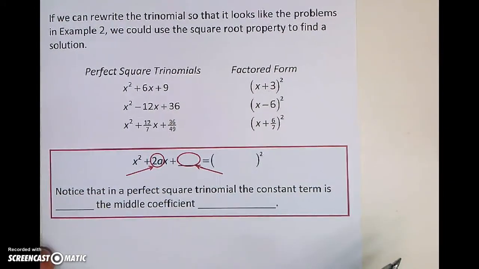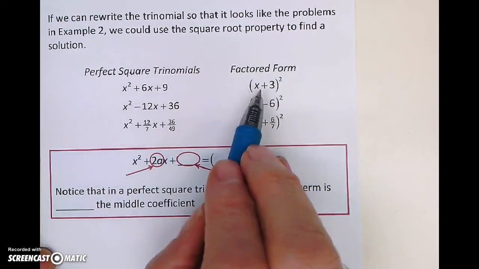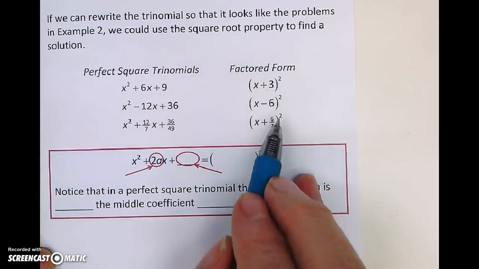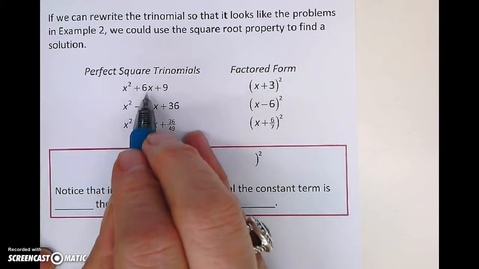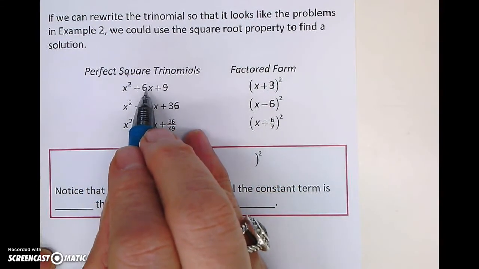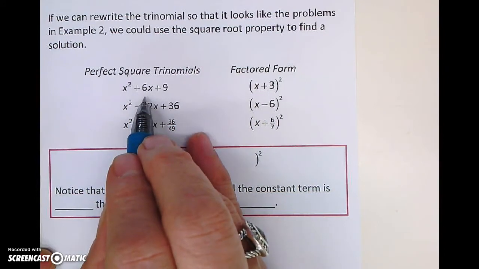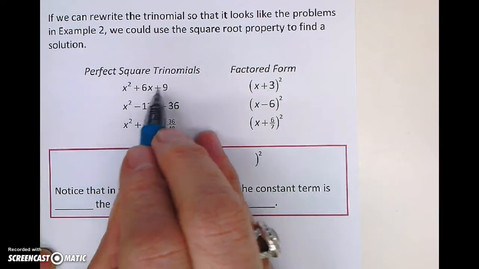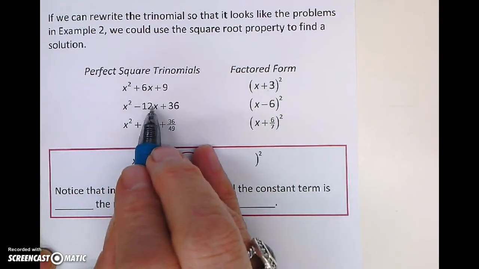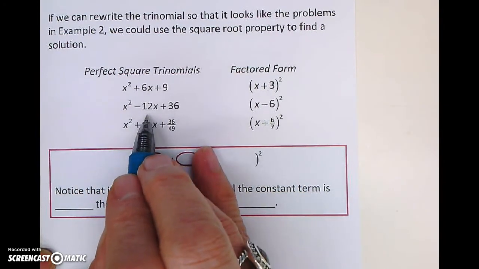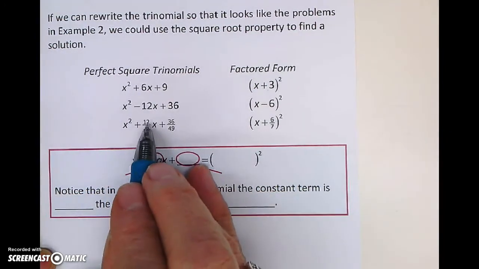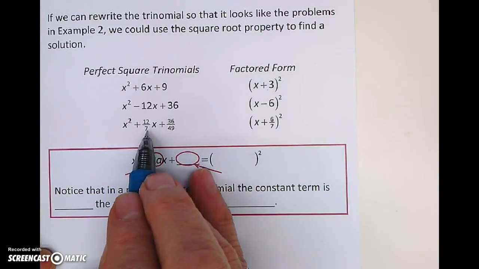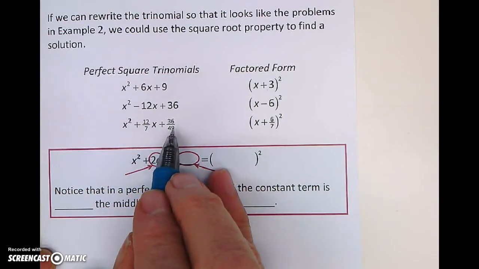What we want to notice, what's true about all these that factor to be squares, is that if I take the middle coefficient and divide it by 2, so 6 divided by 2 is 3, and square it, 3 squared is 9. Negative 12 divided by 2 is negative 6, and negative 6 squared is 36. 12/7 divided by 2 would be 6/7, and when I square 6/7, I get 36/49.